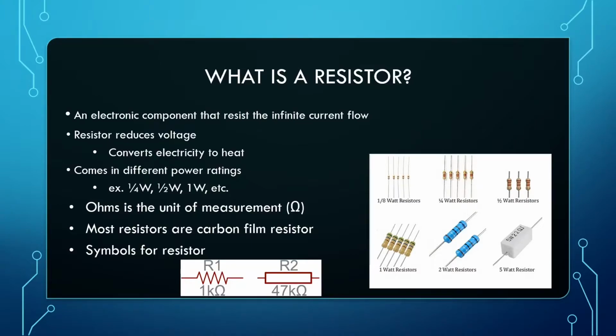The symbol for a resistor in the United States is the one on the left. The symbol for a resistor in Europe, though it might be used internationally, is the one on the right. Sometimes it's used in the United States, and you might see it in some circuits online, in industry, and so forth.